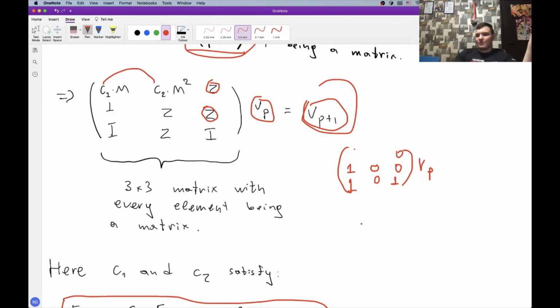And this would just be k cubed, because actually it would be 27 multiplied by k cubed.